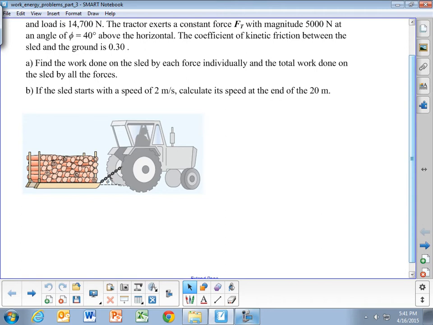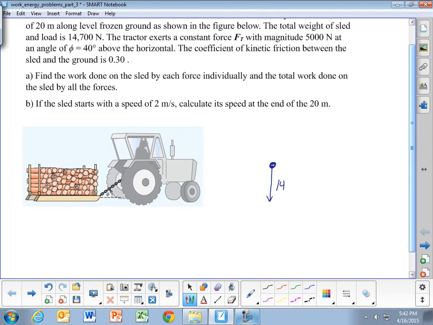We're given this diagram, so just to redraw the free body diagram: we have the force of gravity acting. We're told that the weight is 14,700 newtons. We're also told that the chain is pulling with a force of 5,000 newtons at an angle of 40 degrees.